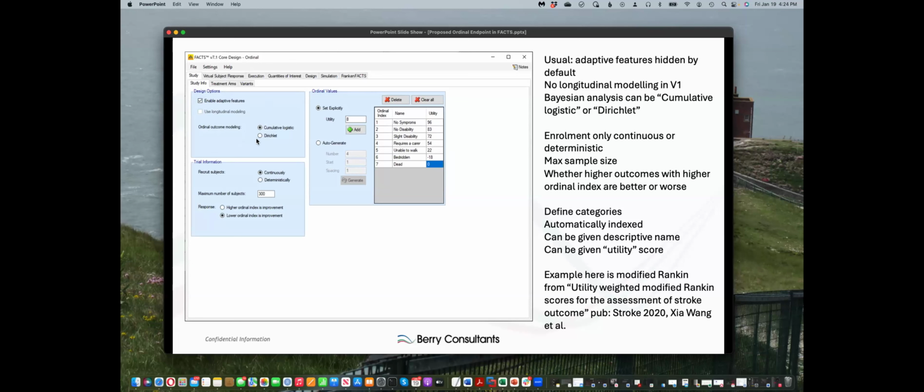Then usually we have these two different options for how to analyze for the Bayesian analysis, the Bayesian proportional odds or cumulative logistic, and the full Dirichlet model, where every arm is modeled with a Dirichlet distribution. And then the standard things such as whether we're going to simulate recruitment continuously or deterministically.